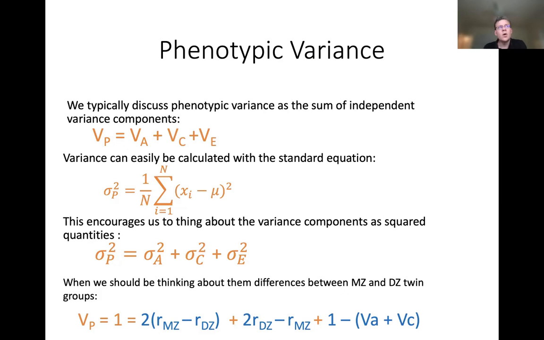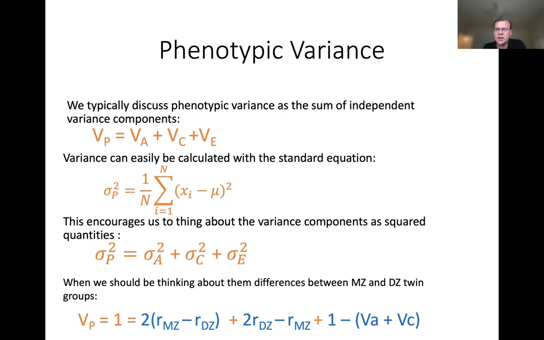In contrast, for twin models, what we really should be thinking about is differences between MZ and DZ twin correlations. So if we assume that the variance of our phenotype is 1, then our phenotypic variance is 2 times the difference between MZ and DZ twin correlations, plus double the DZ correlation minus the MZ correlation, plus 1 minus the VA and VC components, which were specified earlier.